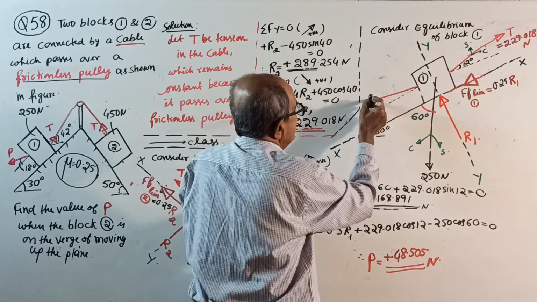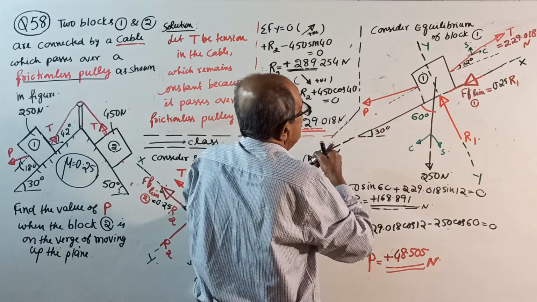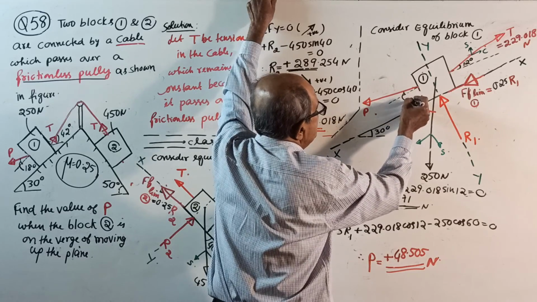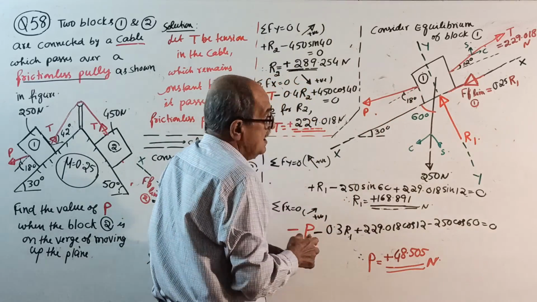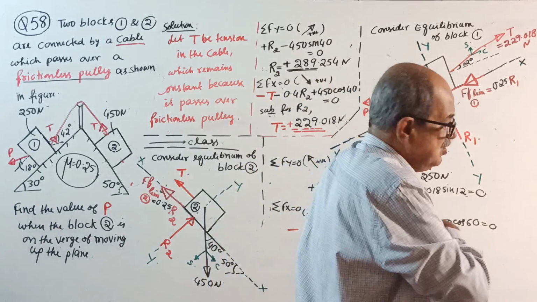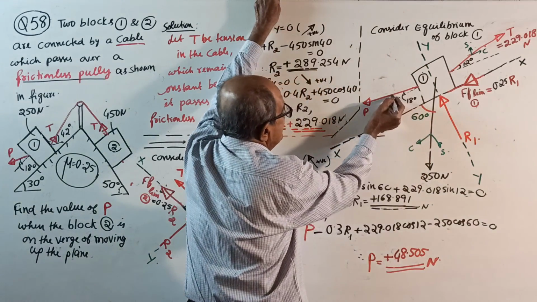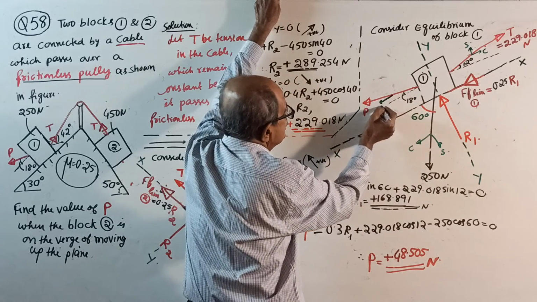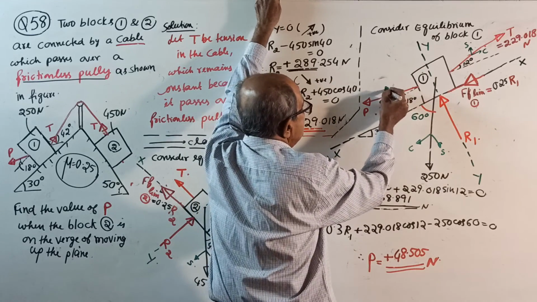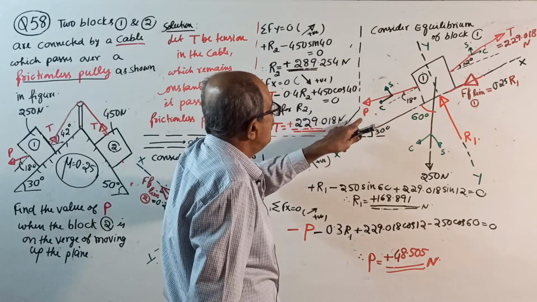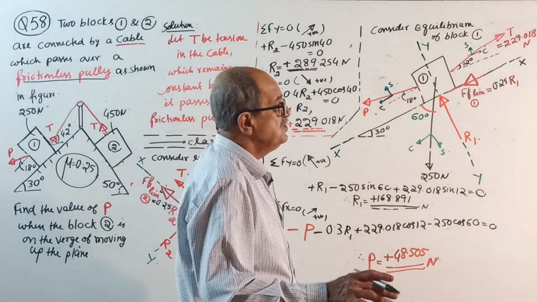This is your P. It makes an angle of 18 degrees here. Therefore, when you resolve, with respect to 18 degrees, this is cos, this is sine. P cos 18, P sin 18.